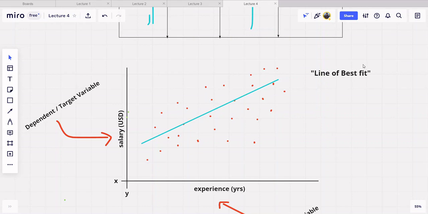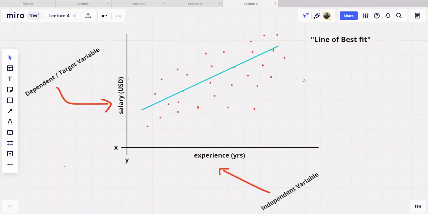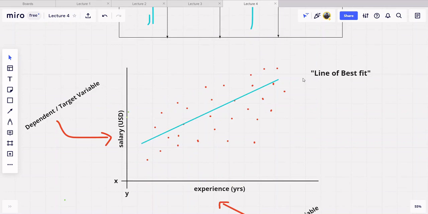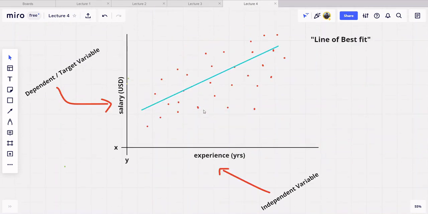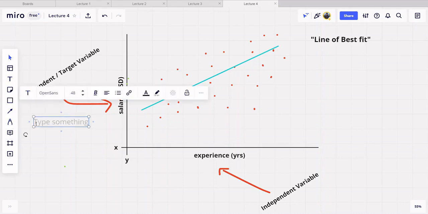Now whenever we want to make predictions, let's say your input is 10 years. Let's say someone asks your model what would be the salary of a person whose experience is 10 years.